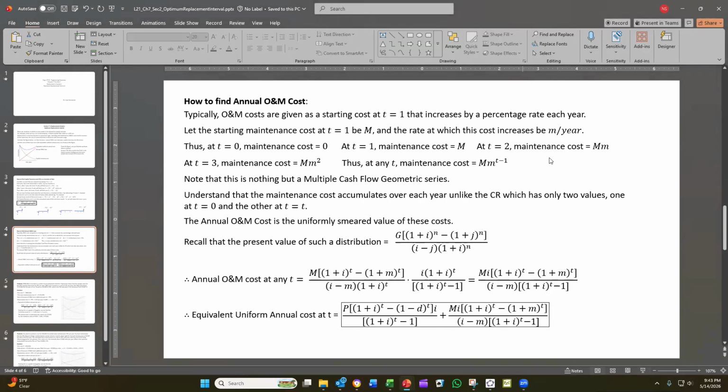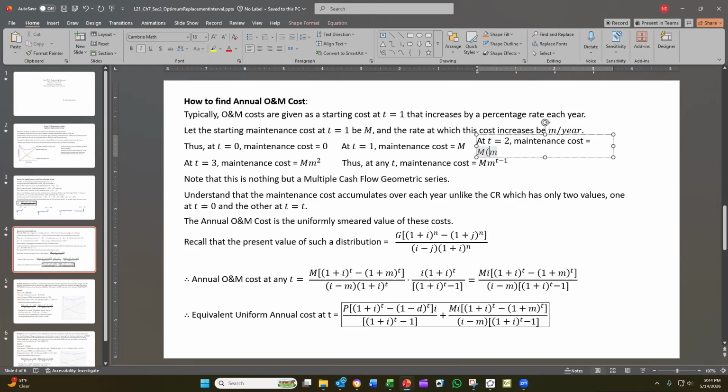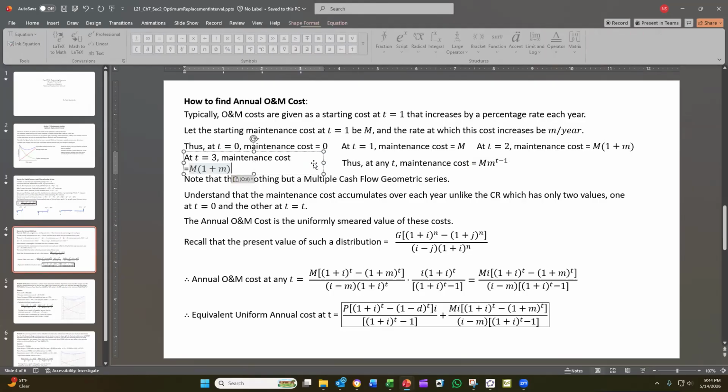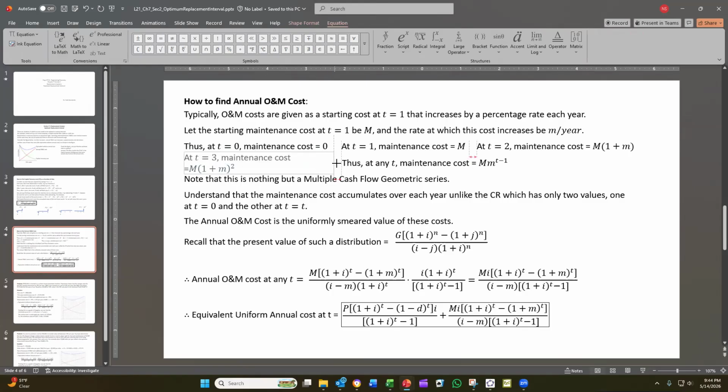So what I need to do is say that this is M times 1 plus m. Whereas the second one is, let me just make my life easy, M times 1 plus m squared.